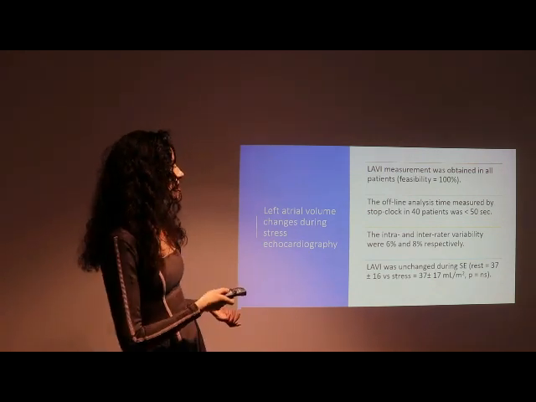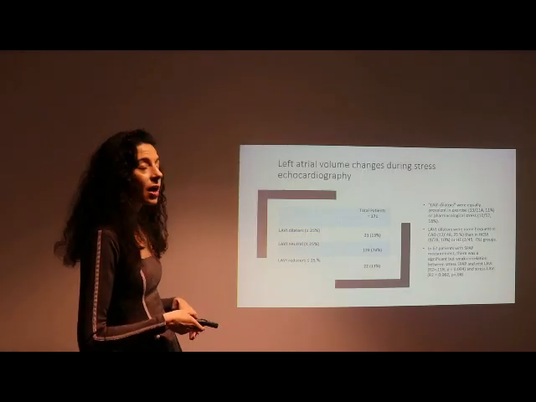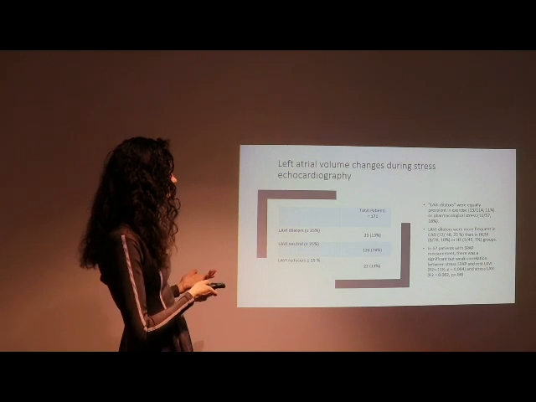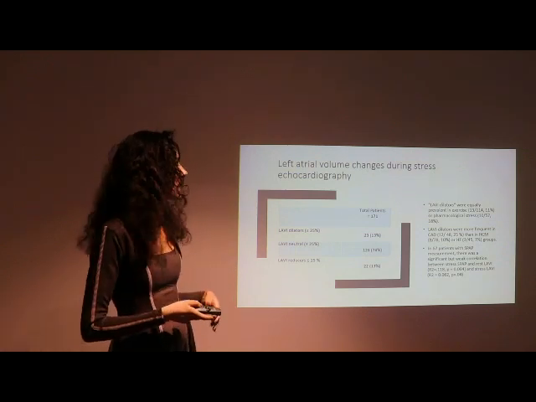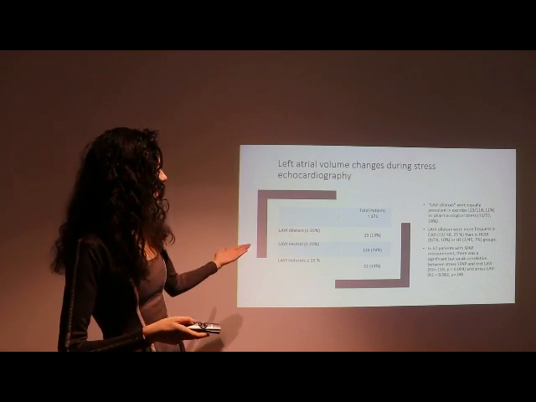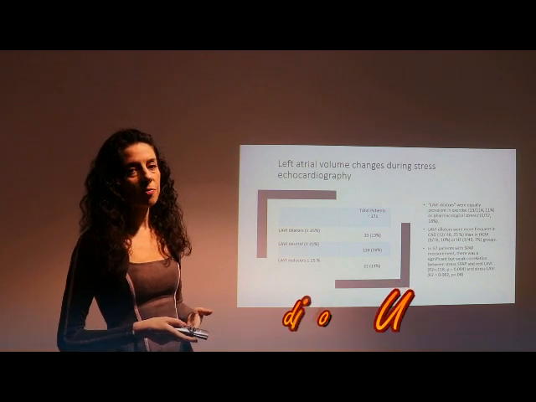However, LAVI was unchanged during stress echo in our group. However, there were 13% of our patients that we defined as LAVI dilators, dilating the left atrium by more than 25%.